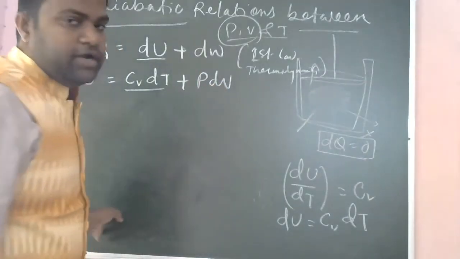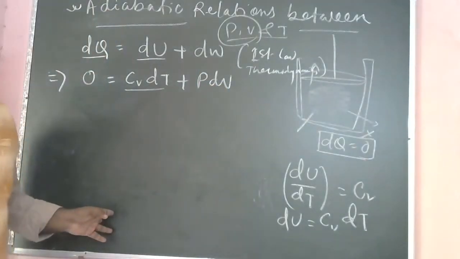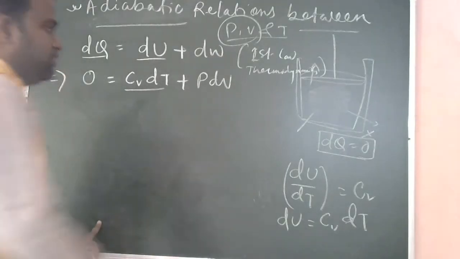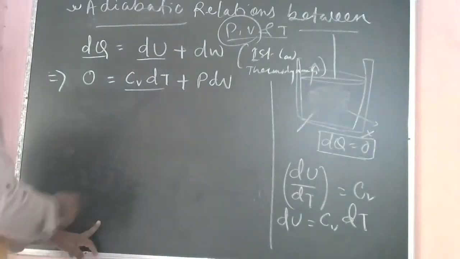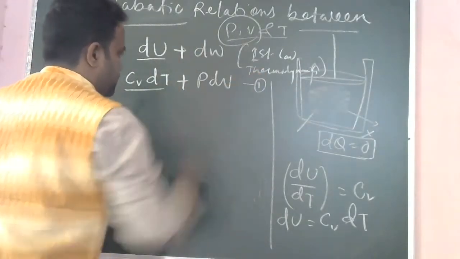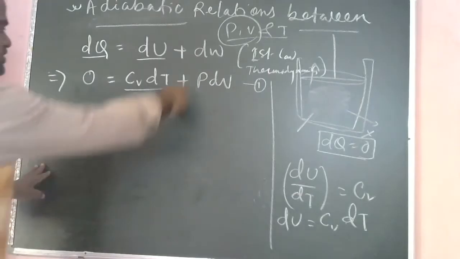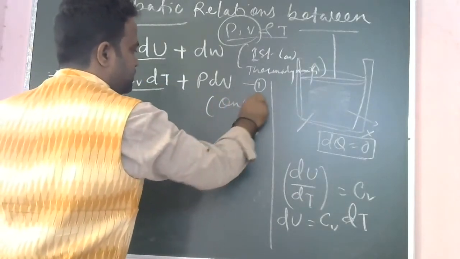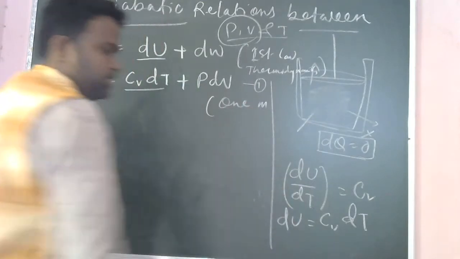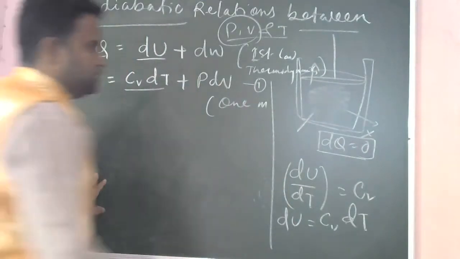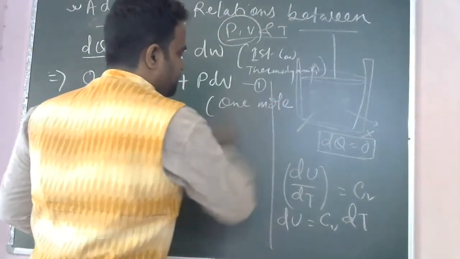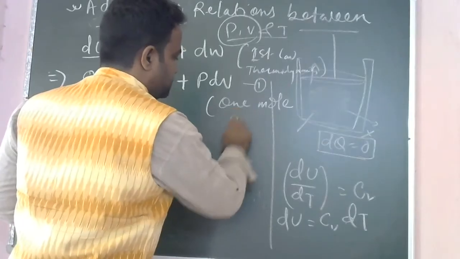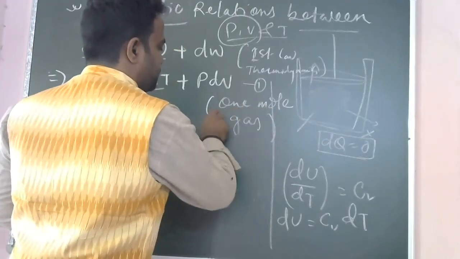We know work done can be expressed in terms of change in volume and pressure. Let's say this is equation number 1. And remember, this is done for 1 mole of gas, because we have put the number of moles equal to 1. So I have derived this expression for 1 mole of gas.